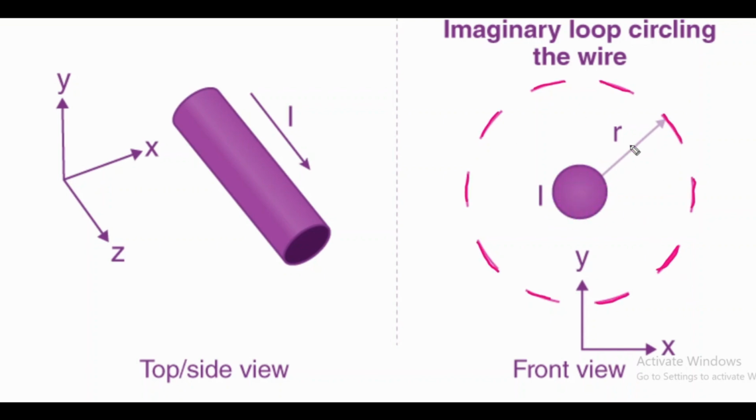Okay. According to Ampere, as you consider the Amperian loop, you will have to divide that whole circle into small parts. So this is one part of the circle, this is the other part, and this is the other part, and you will have to divide it into a large number of parts.